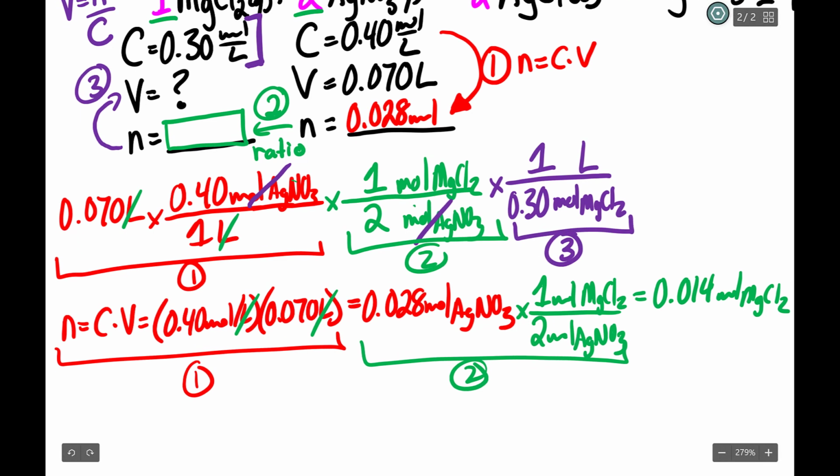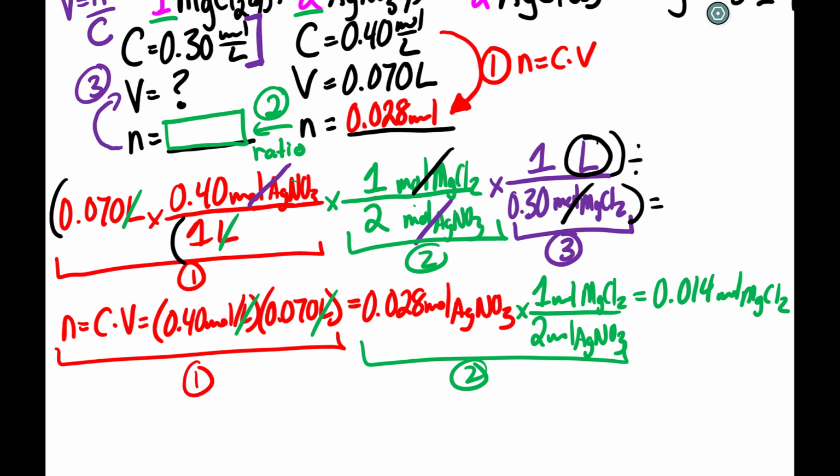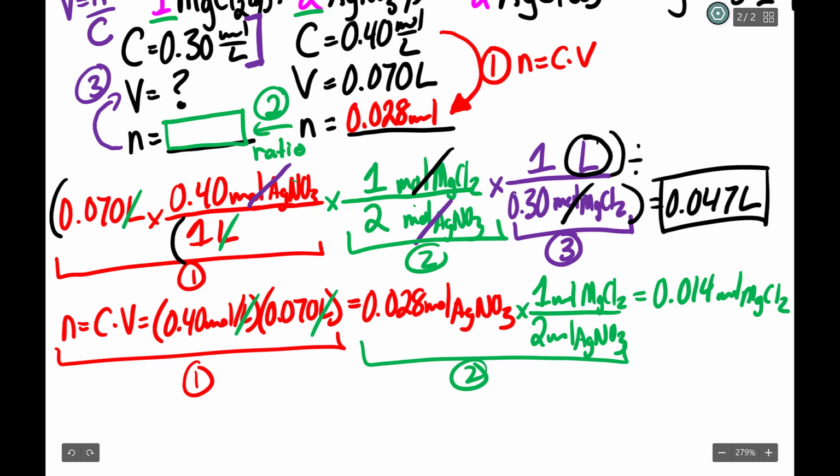Now, the unit of mole would cancel out with mole. I'm left with liters, which is what I want. To put it in my calculator, I would just take everything on top, hit divide, everything on the bottom, hit equals. A value of 0.047 liters or 47 milliliters.